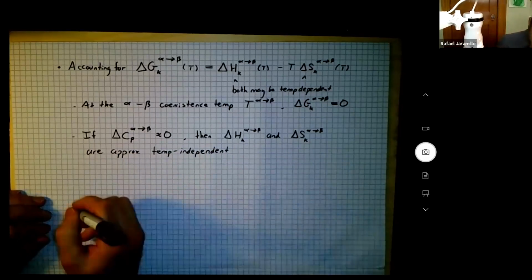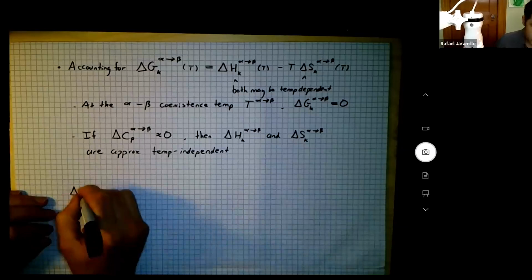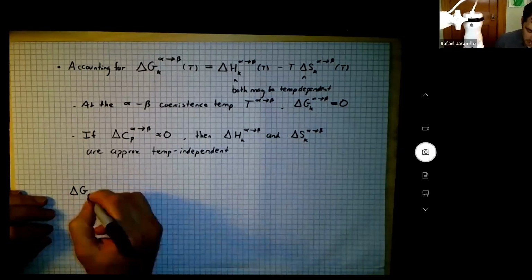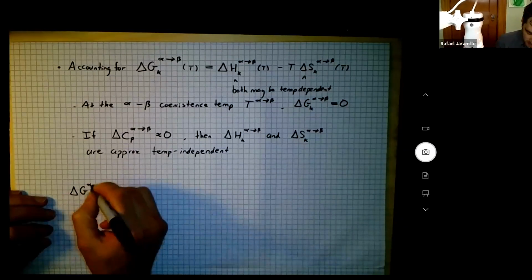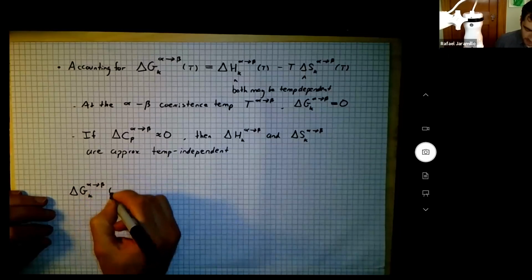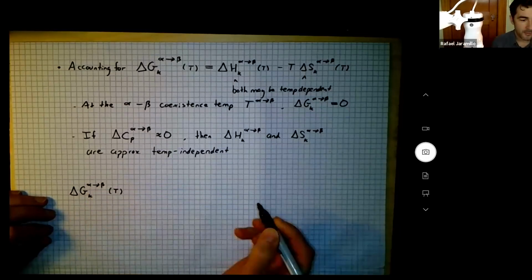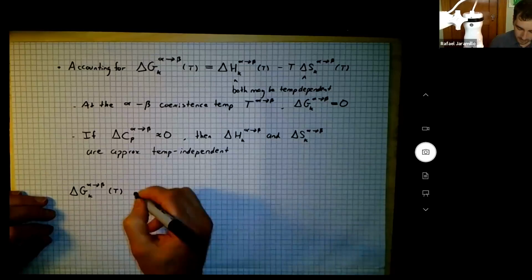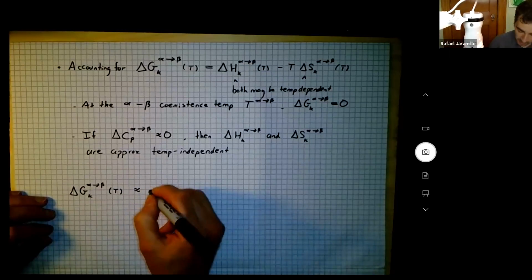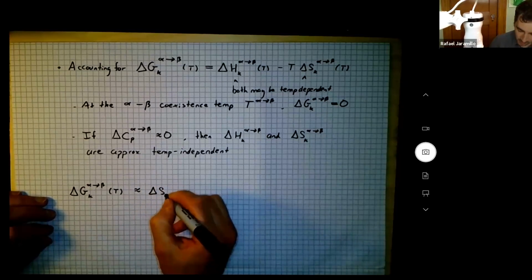And when that is the case, your expression for the temperature dependence of the Gibbs free energy simplifies. And you should convince yourself, work this, you know, on the side after class.